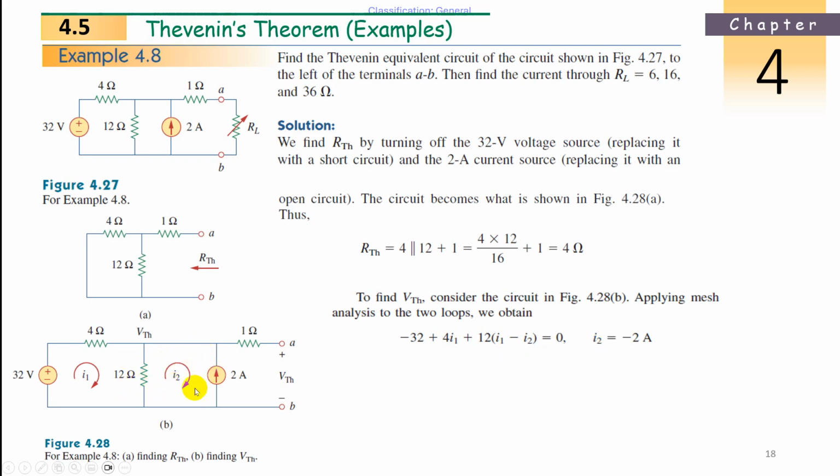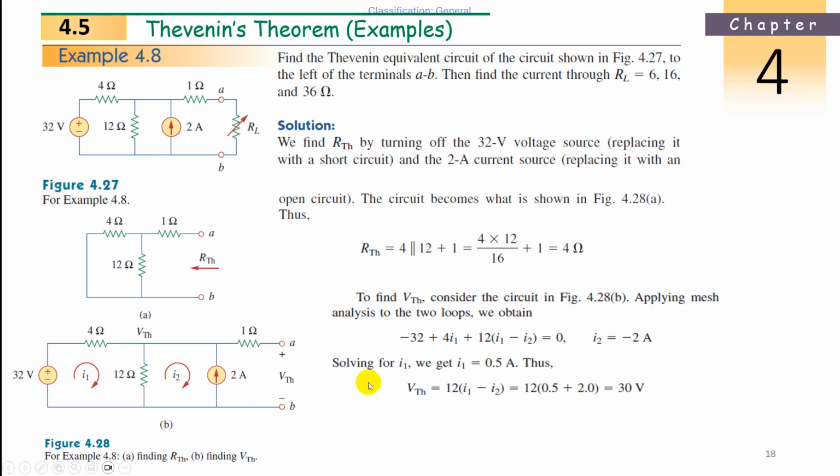I2 is just rotating, so I2 is in the opposite direction. That is the supermesh. I2 is equal to minus 2 amperes. So substitute here, solving the equation, we will get I1.